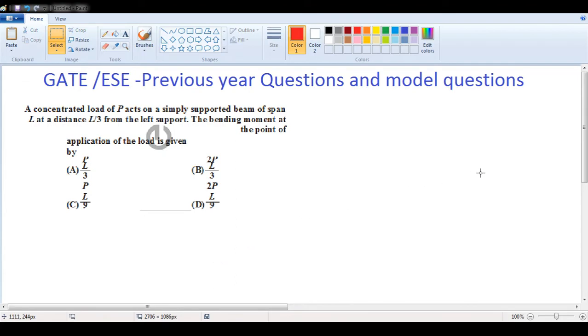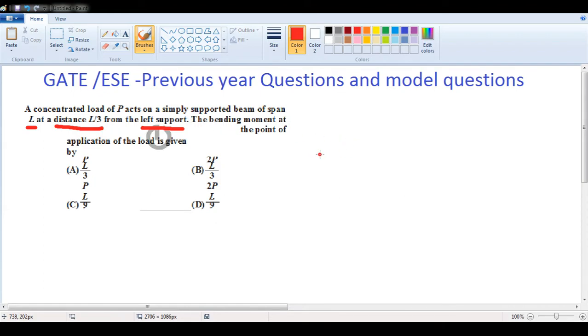Here it is telling a concentrated load, I'll repeat if it is not visible to someone, a concentrated load P acts on a simply supported beam of span L at a distance L by 3 from the left support. Okay, at a distance L by 3 from the left support, and here it is already discussing a simply supported beam.